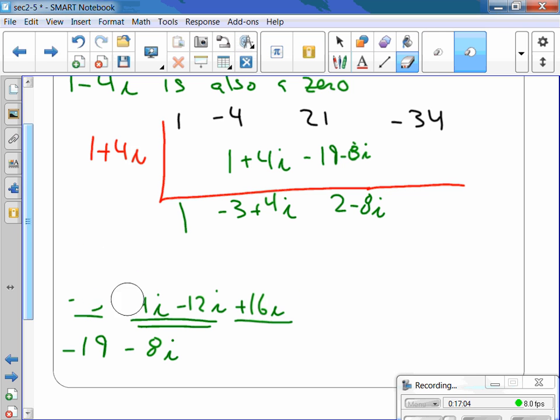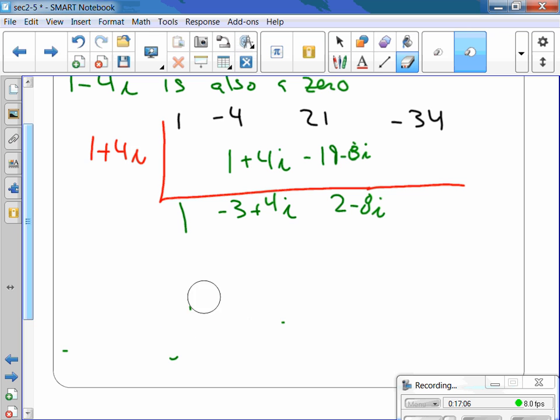So we already did. You FOIL this one out. 2 minus 8i times 1 plus 4i. You should wind up with 34. Again, was that something that we were expecting? Absolutely. If it's a 0, that remainder needs to be 0. So if you come up with some other number, go back and check your work.